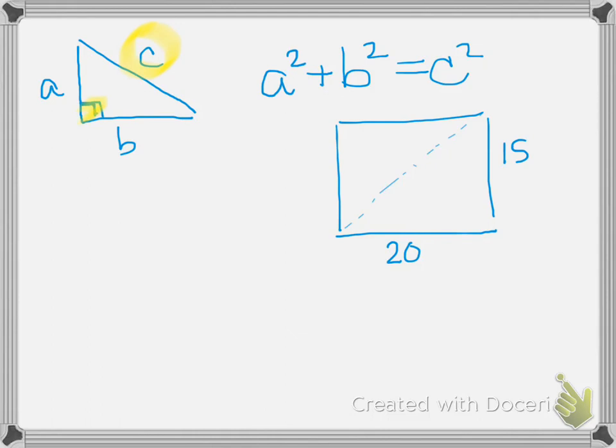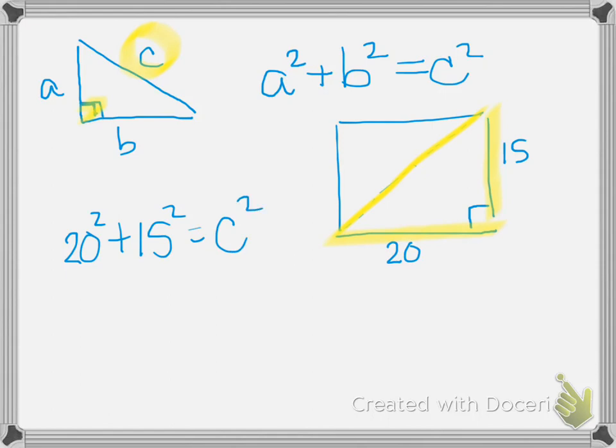So if you think about this, TV screens make a right triangle. Pythagoras said that if you take those two shorter sides, 20 squared and 15 squared, it will always equal the hypotenuse squared.